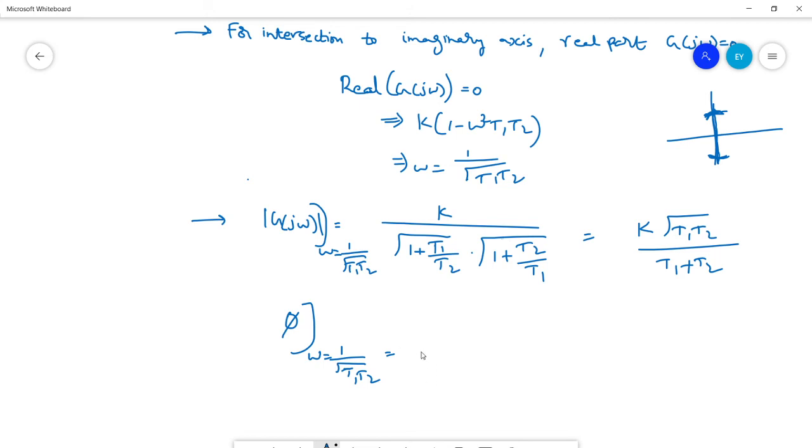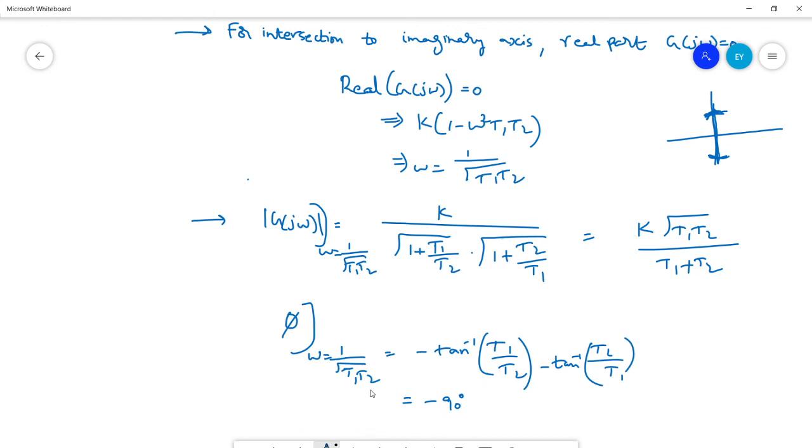That is nothing but minus tan inverse of T1 by T2 minus tan inverse of T2 by T1. For any random values of T1 and T2 that you substitute, what you would get is minus 90, because this is on the imaginary axis.